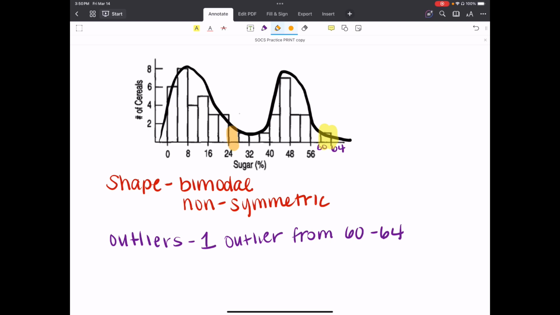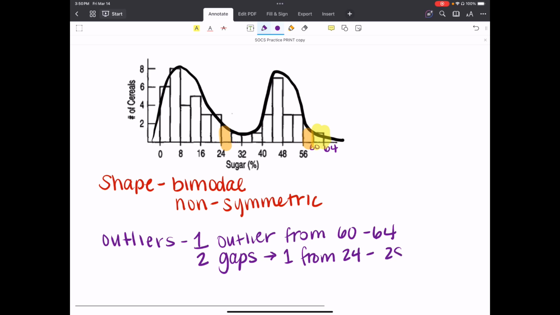We have a gap here and a gap here. So we would know that we have two gaps, one from 24 to 28, one from 56 to 60. So that is how we describe the outliers and our gaps.